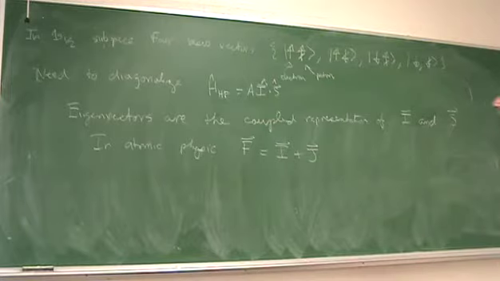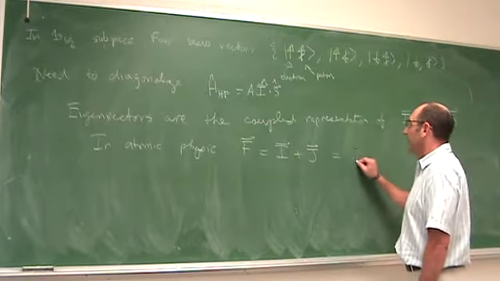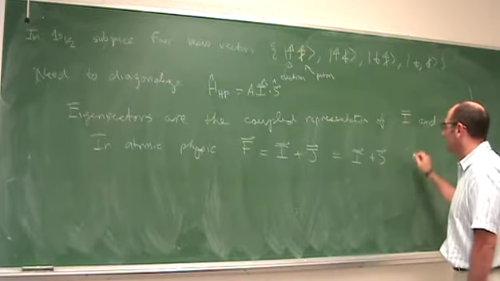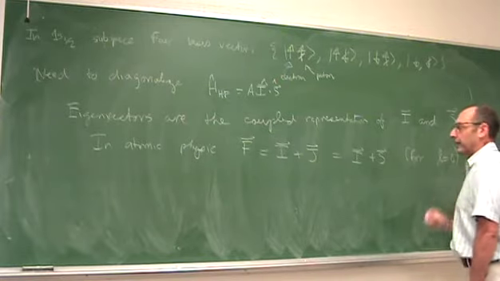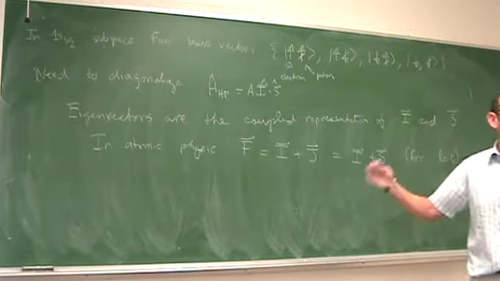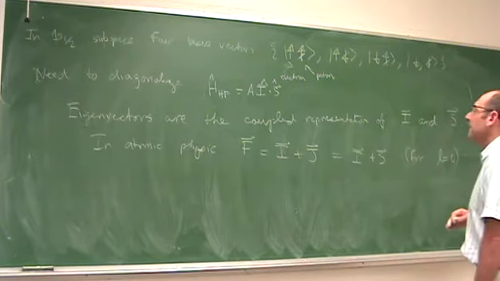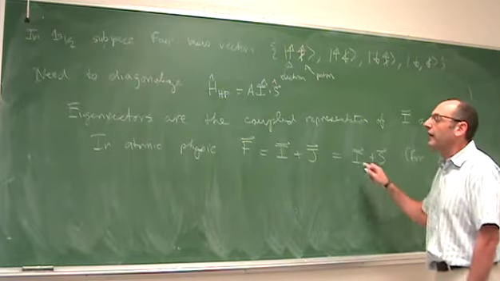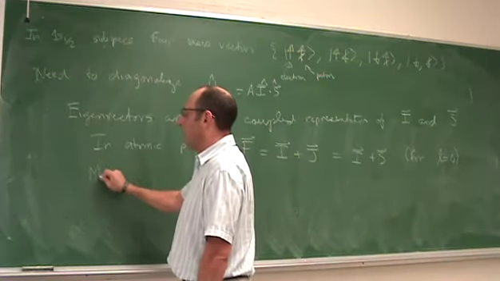In this case, when we're talking about the ground state of hydrogen, where L is zero, it's also I plus S. So the coupled representation of I and S are the eigenstates, the good quantum numbers, the mutually commuting operators.